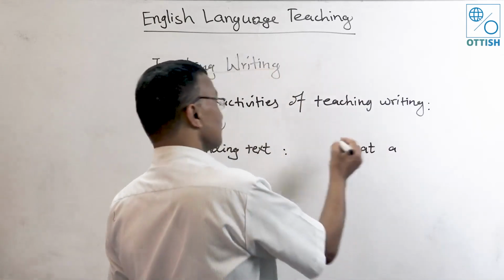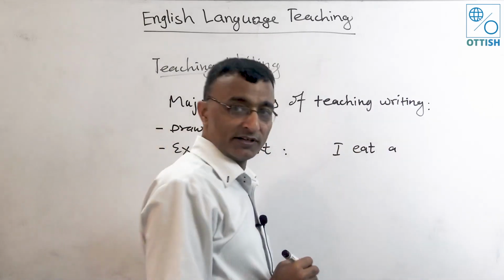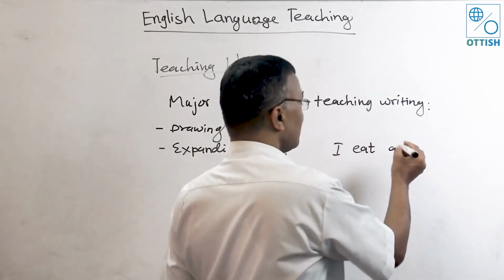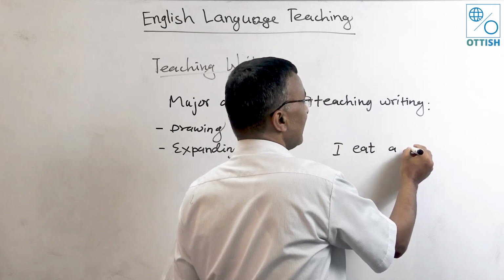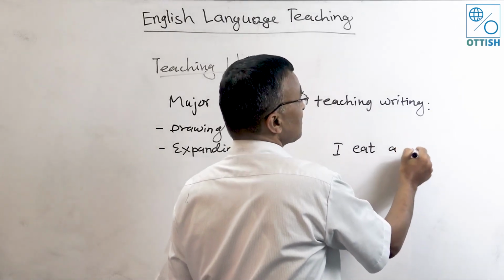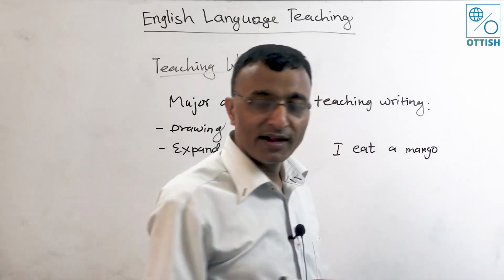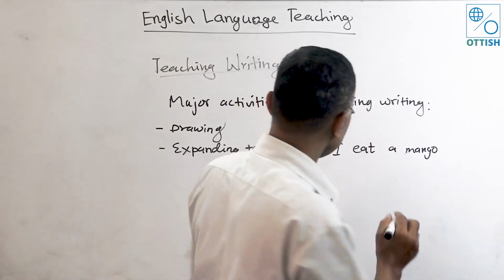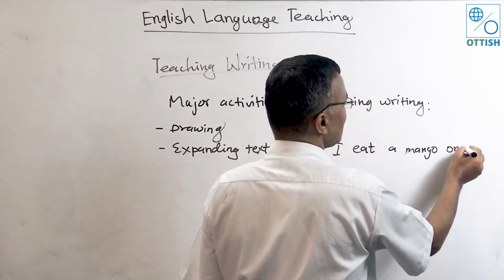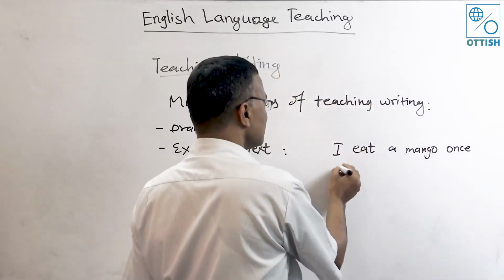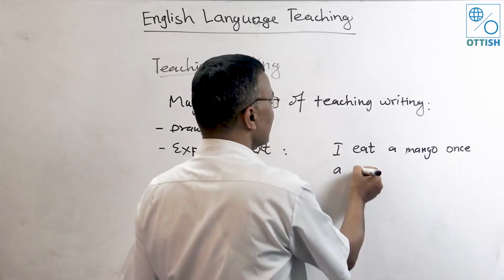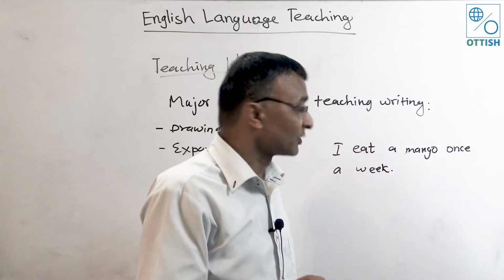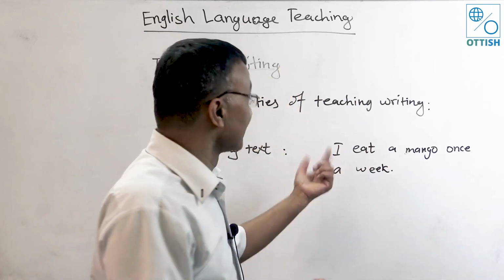After it, another student comes and adds I before it, and the next student will come and add mango, for example, and then another student will come and add once, then another comes and adds a, then another can add week, like this. I eat a mango once a week, for example. Like this the sentence becomes.